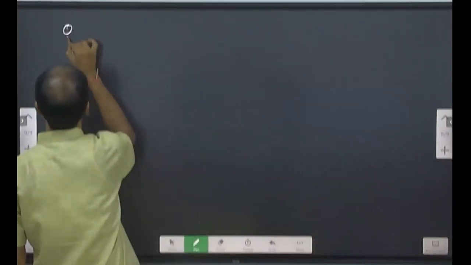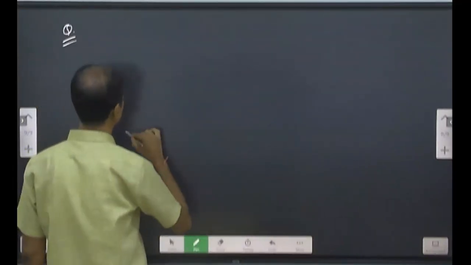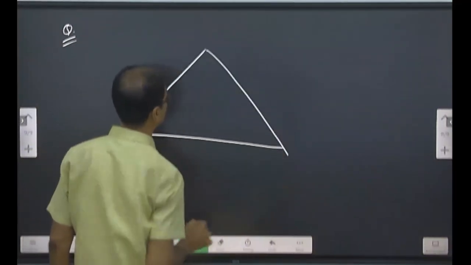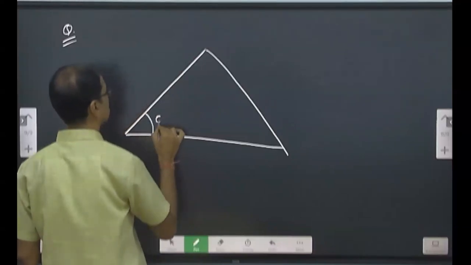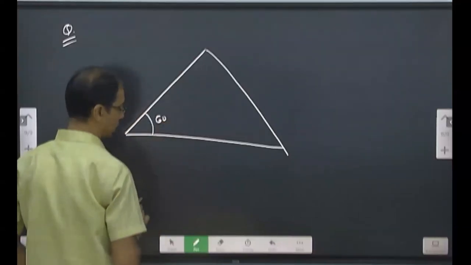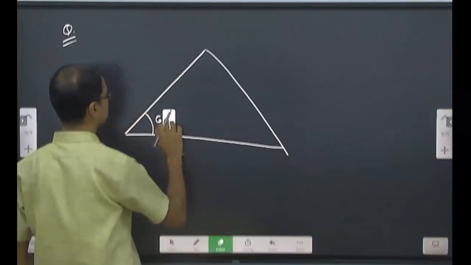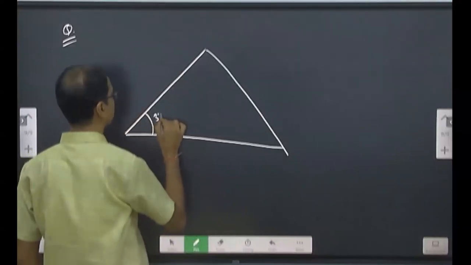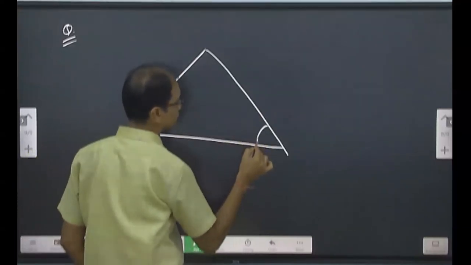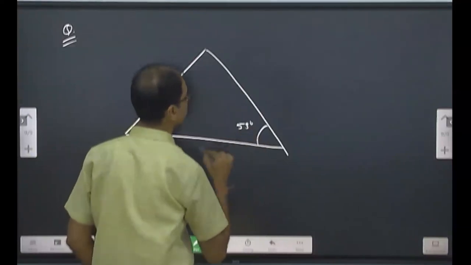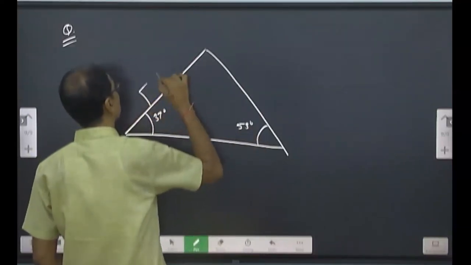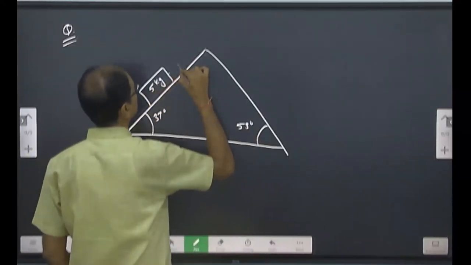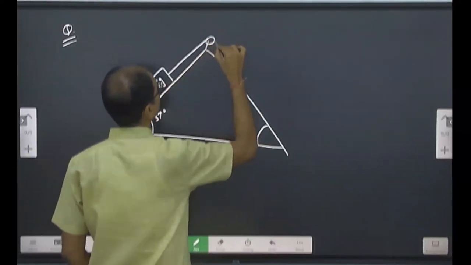So based on this concept, let's have one question. 60 degrees, shall I take? Well, then a root will come. 60 degrees means some root will come in. Okay, take 37 degrees, and you take this as 53. Here is a 5 kg block. The pulley.